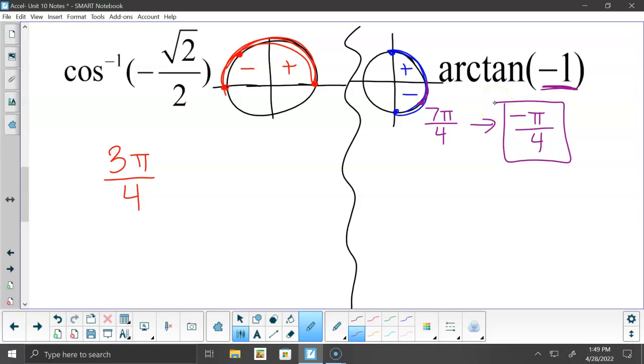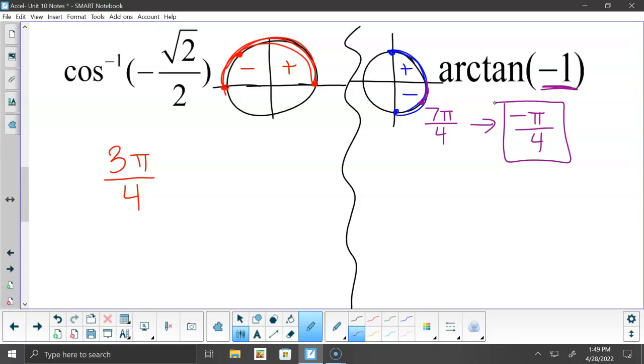Yes, this is all that it is. The restrictions are here. For arc sine, it's between here and here. 7 pi over 4 is not between negative pi over 2 and positive pi over 2. Negative pi over 4, which gets me to the same place, is. Because 7 pi over 4 assumes you've gone all the way this way.